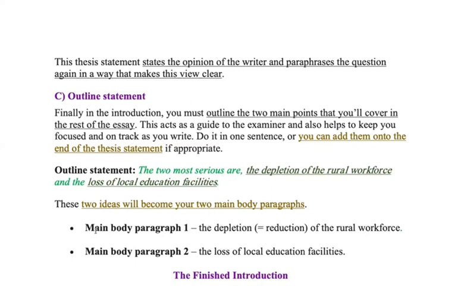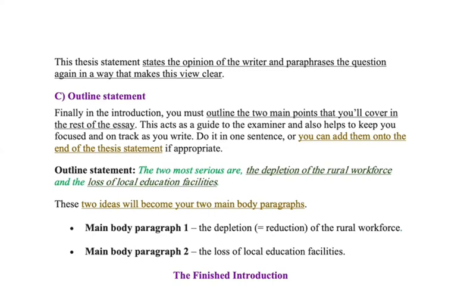Who are the educated people here? It's the younger generation, the bright future. So here we have 2 main ideas: the depletion of the rural workforce and the loss of the local education facilities.